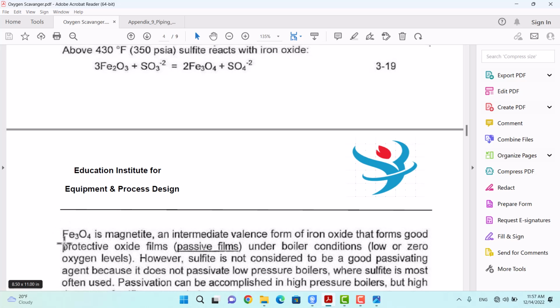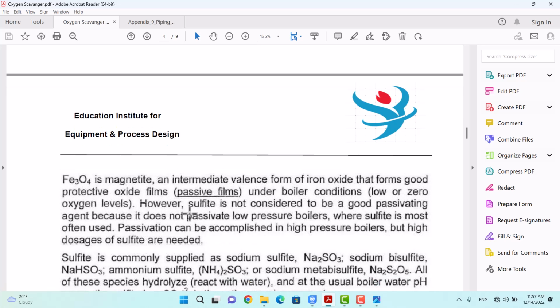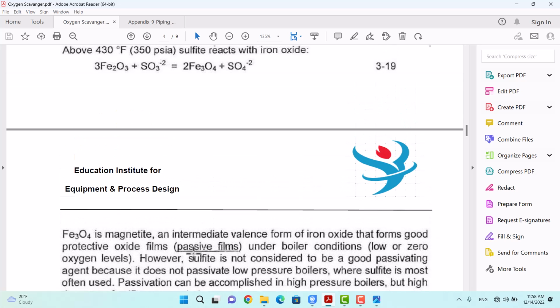This chemical is magnetite, an intermediate valence form of iron oxide that forms a good protective oxide film (passive film) under boiler conditions. However, sulfite is not considered to be a good passivating agent because it doesn't passivate low-pressure boilers, where sulfite is most often used. Passivation can be accomplished in high-pressure boilers, but high dosages of sulfite are needed.